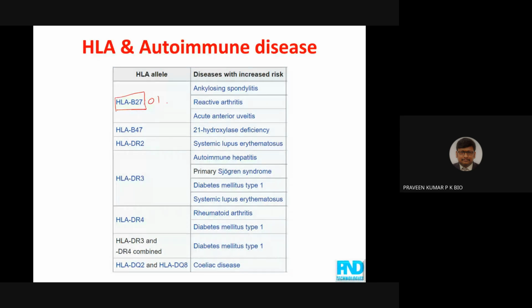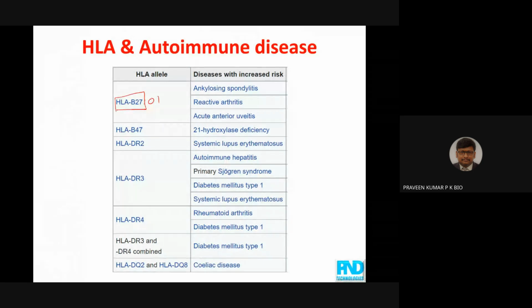But the actual Jatakam, the genome Patrika, can also tell this. Persons who have these kinds of alleles and genes are more prone to get diseases like ankylosing spondylitis, reactive arthritis, and acute enteritis.